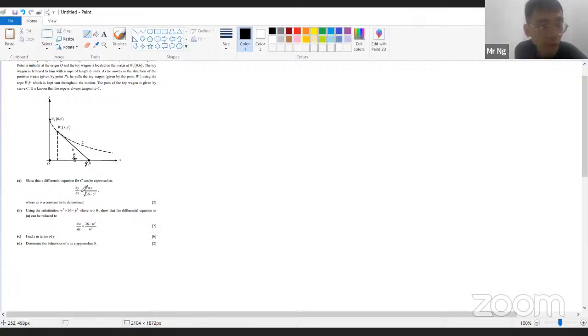Show that the differential equation can be expressed as this. Maybe I'm going to skip that and go to B straight away.